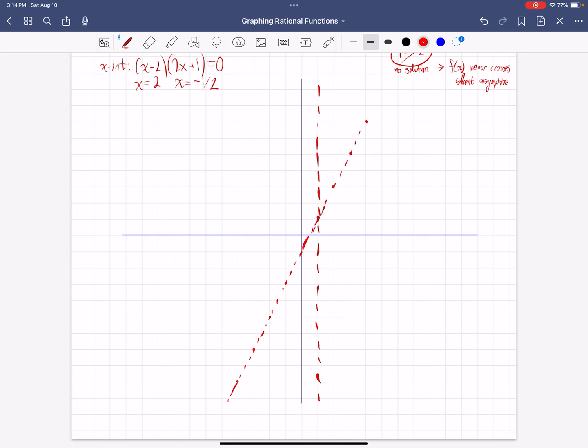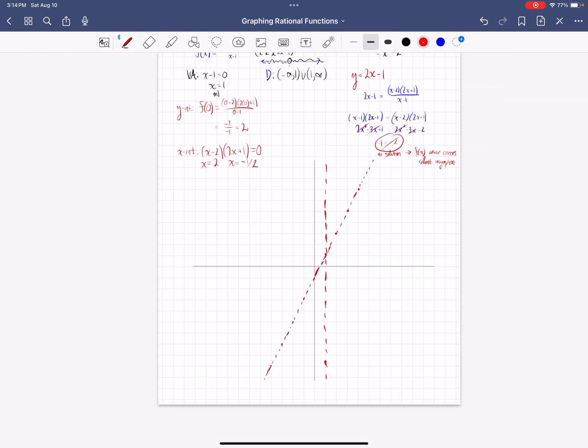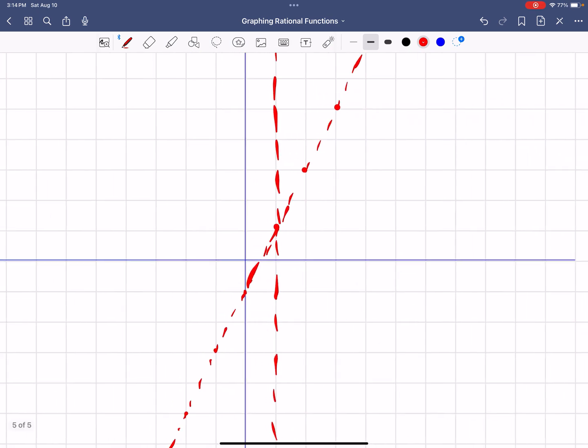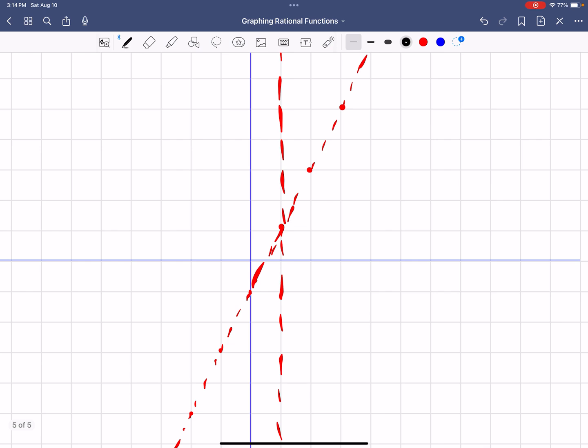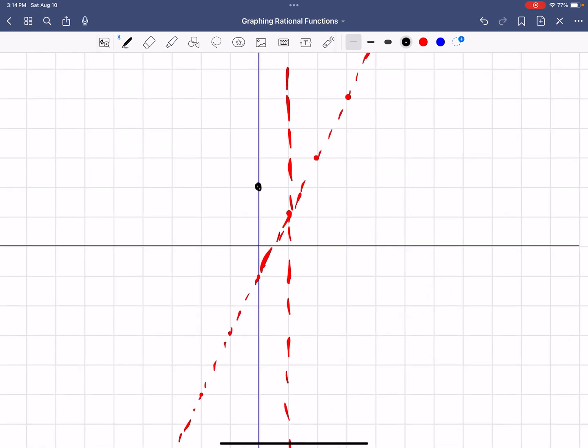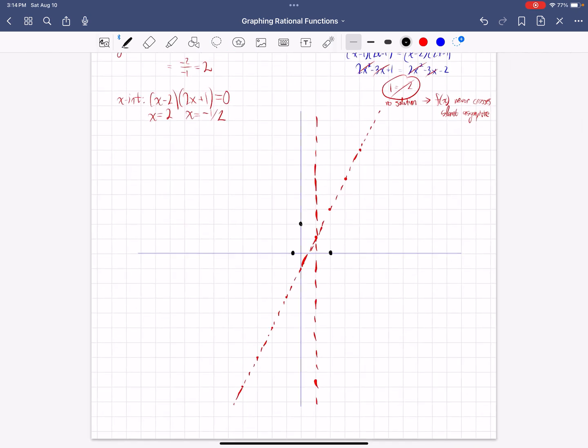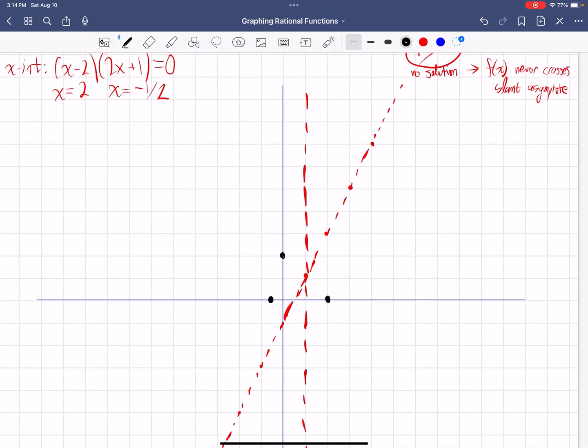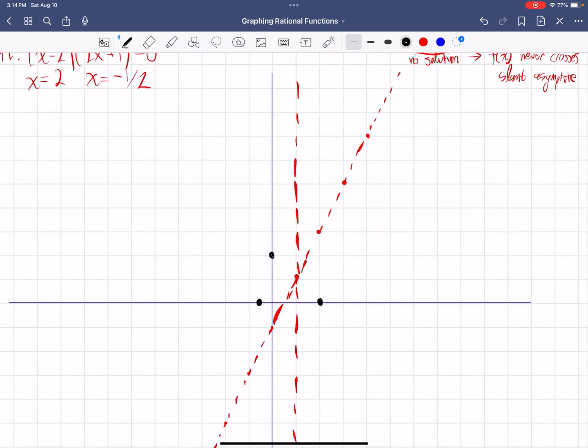Our y-intercept was 2, so we can plot that. And our x-intercepts were at 2 and negative 1/2. And now let's get to work on graphing. I'd like to start at this x-intercept here.